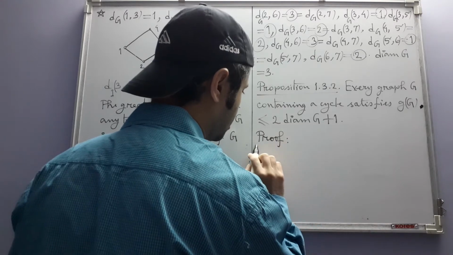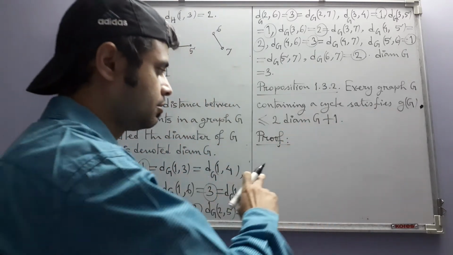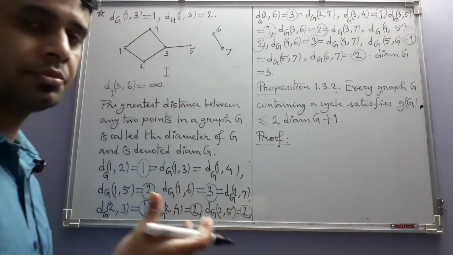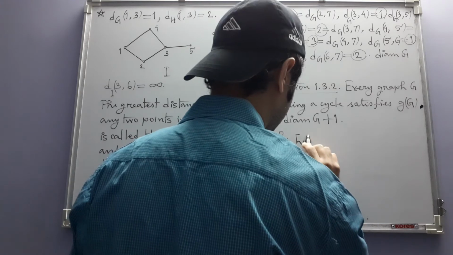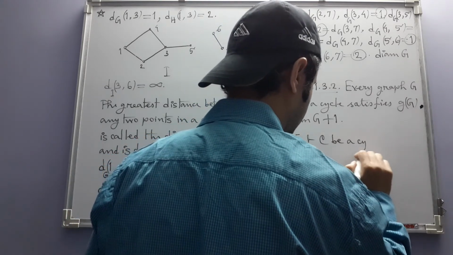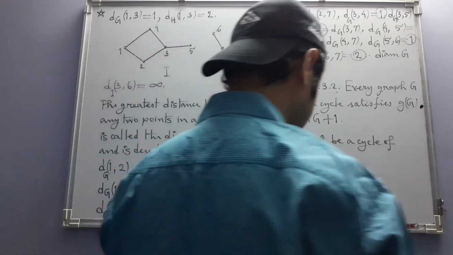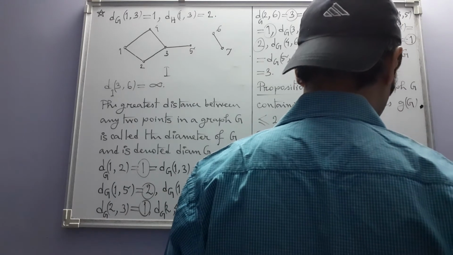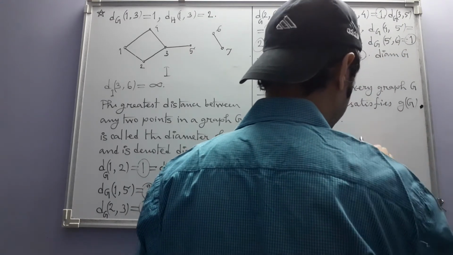So since we want to bound the girth like this, we will assume a cycle of smallest length. So let C be a cycle of smallest length, or let C be a shortest cycle. That way also we can write.